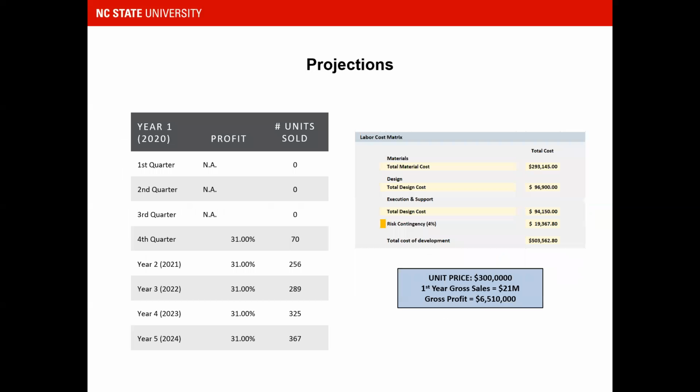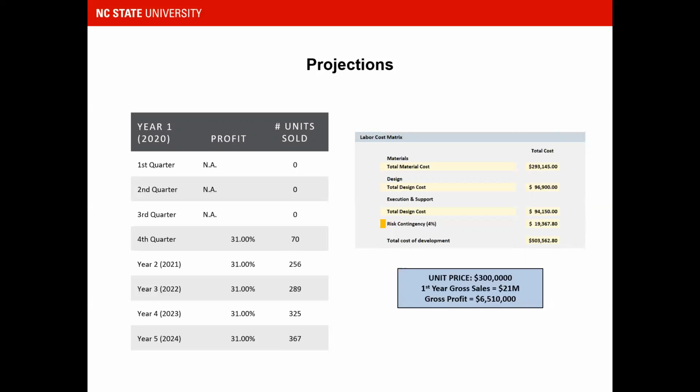Projections. Essentially, we started this project at the beginning of 2020. We are planning to have around 70 units sold in the first year, and in year 5, about 400 units sold.